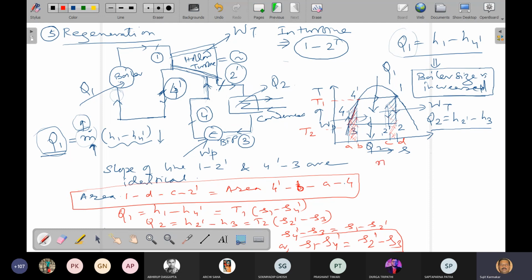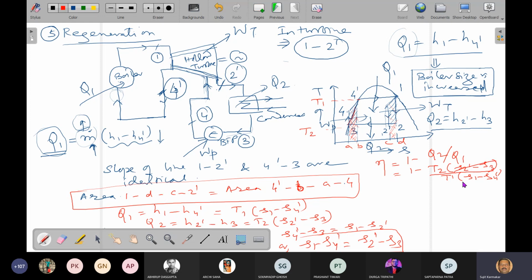Now the efficiency of the regenerative cycle is equal to 1 minus Q2 by Q1. What is Q2? It is T2 into S2 dash minus S3, divided by T1 into S1 minus S4 dash. Already we know that S1 minus S4 dash is equal to S2 dash minus S3.